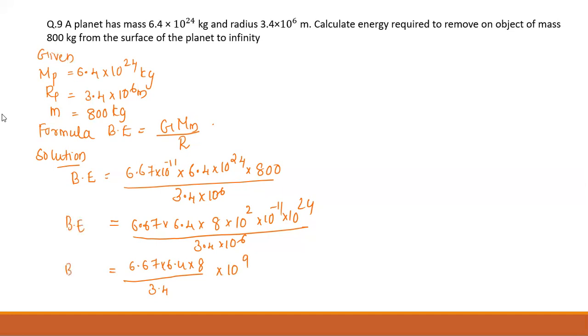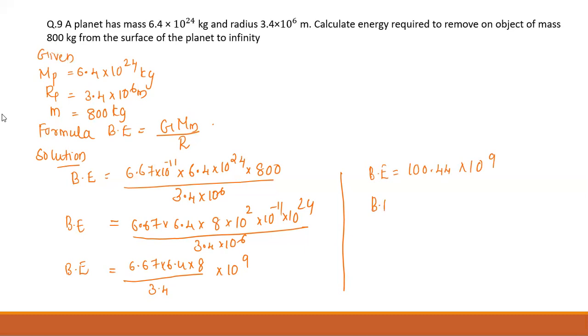Now we have to divide this. On dividing 6.67 into 6.4 into 8 upon 3.4, we will get BE is equal to 100.44 into 10 raised to 9.